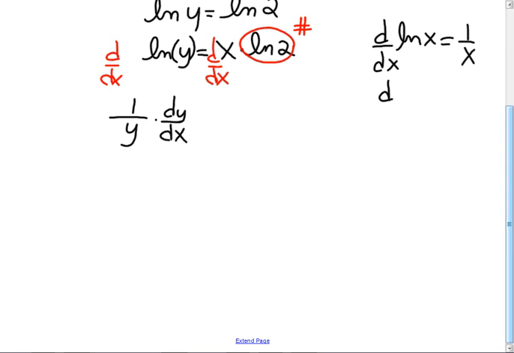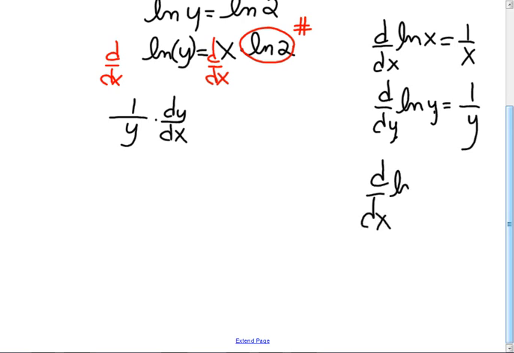The derivative with respect to y of the log of y is 1 over y times the derivative of y with respect to y, but that's just 1. So what's the derivative with respect to x of the log of y? It's 1 over whatever's in there, that's f of x, times the derivative of whatever's in there.